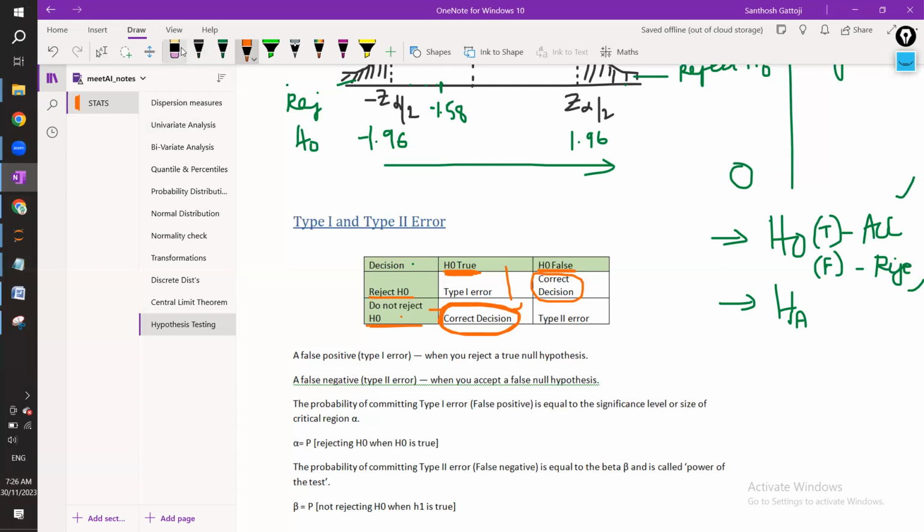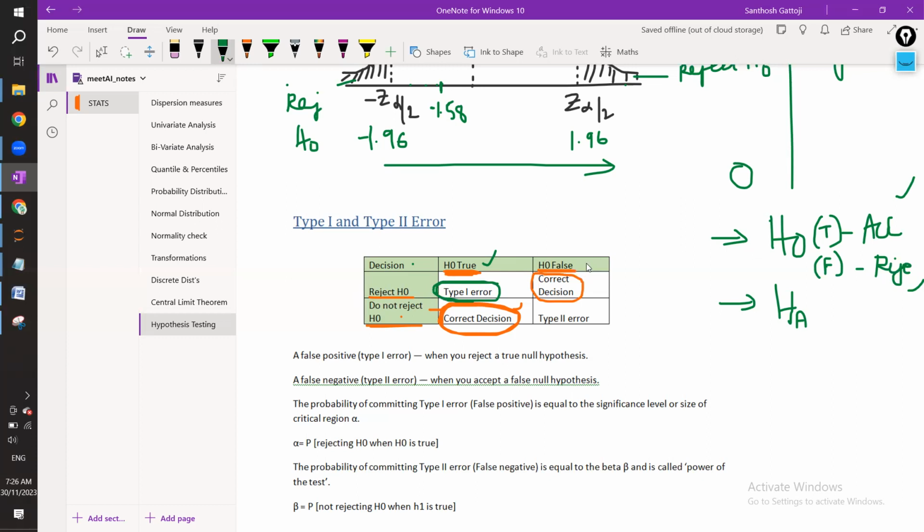But the mistake will happen when you do it the other way around. That means, if it is true, but you are rejecting it, that is an error. Agree? Yes, sir.